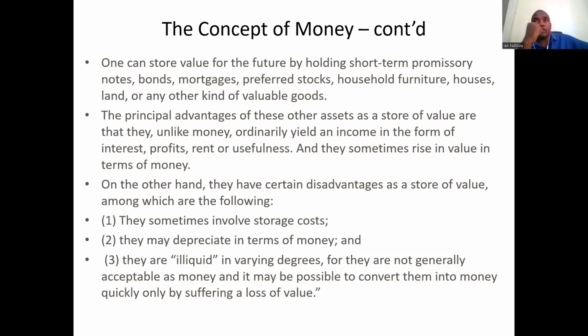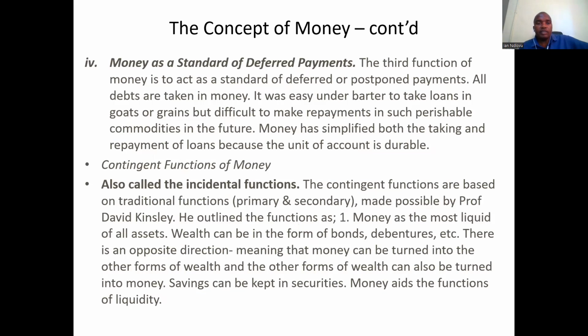And there are storage costs for physical commodities, which people ordinarily don't care about when it comes to just keeping money. And the fourth function is that money can be used as a standard for deferred payments.